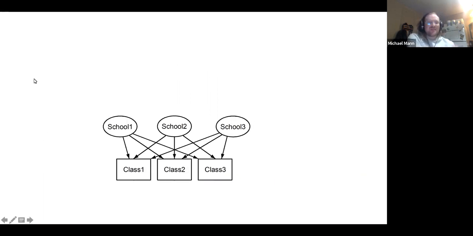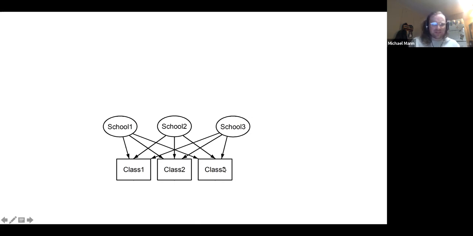What if instead you have data where all the students went to the same class, so that there's a mix: students from all the schools in class 1, some students in class 2, and then some in class 3.